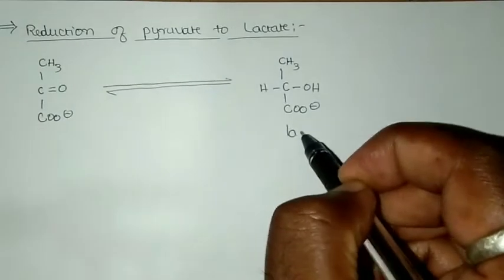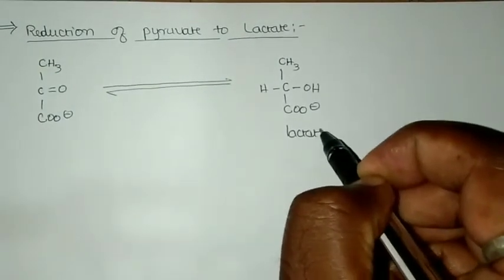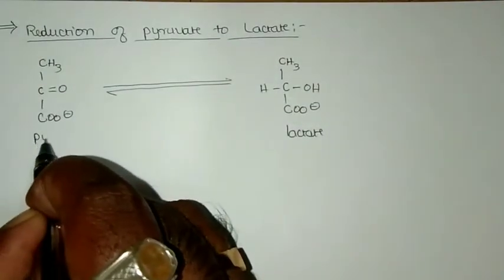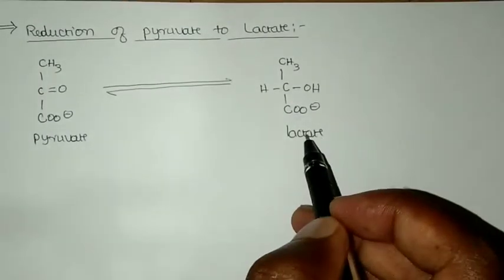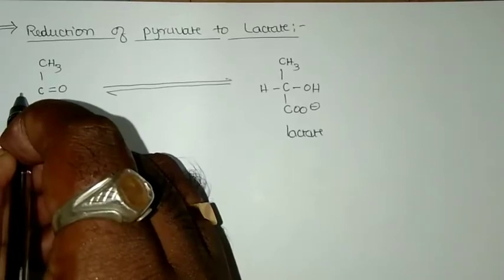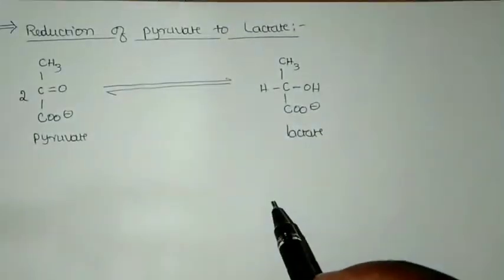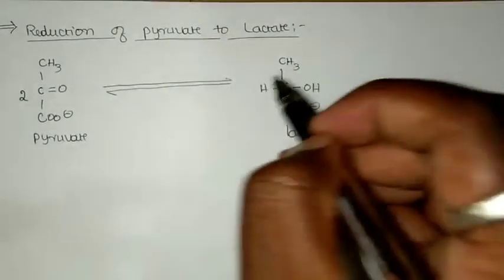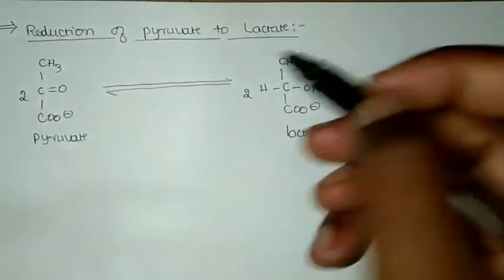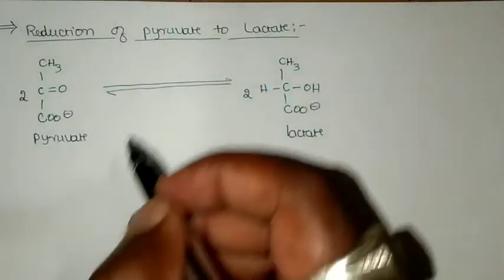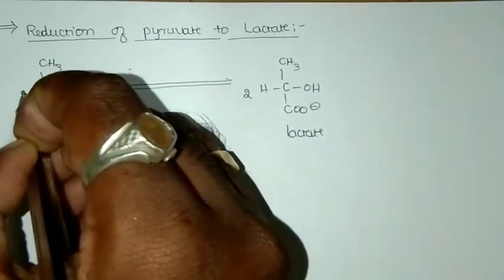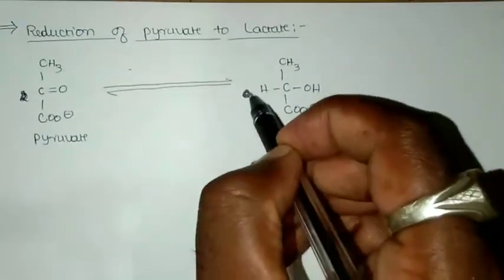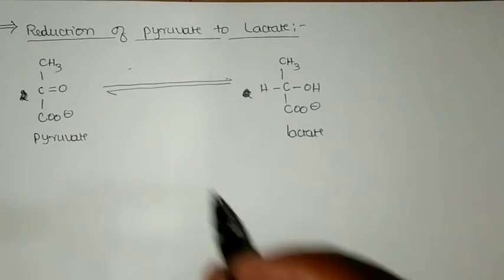This is the simplest form of writing the structure of lactate. So here you can notice the conversion of pyruvate into lactate. Totally 2 molecules of pyruvate will be produced as 2 molecules of lactate. Or simply, 1 molecule of pyruvate will produce 1 molecule of lactate.